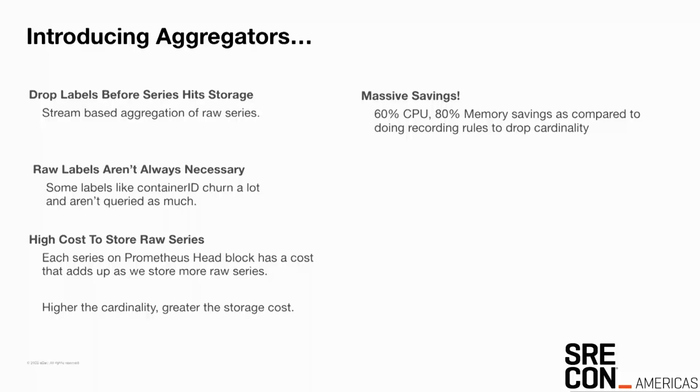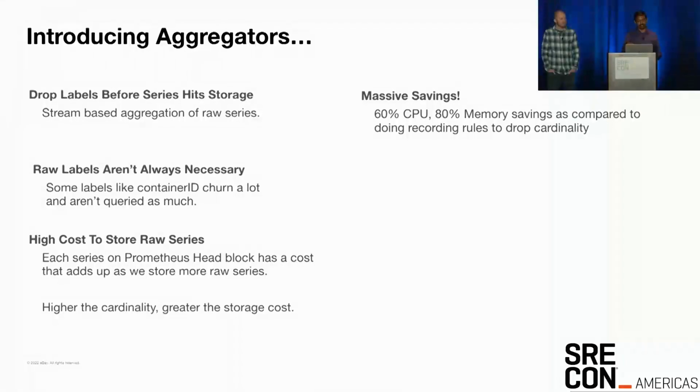So at least for the cardinality, we did an incremental improvement where we introduced the concept of an aggregator. So what do aggregators do? They drop labels before the time series hits storage. And why do we do that?